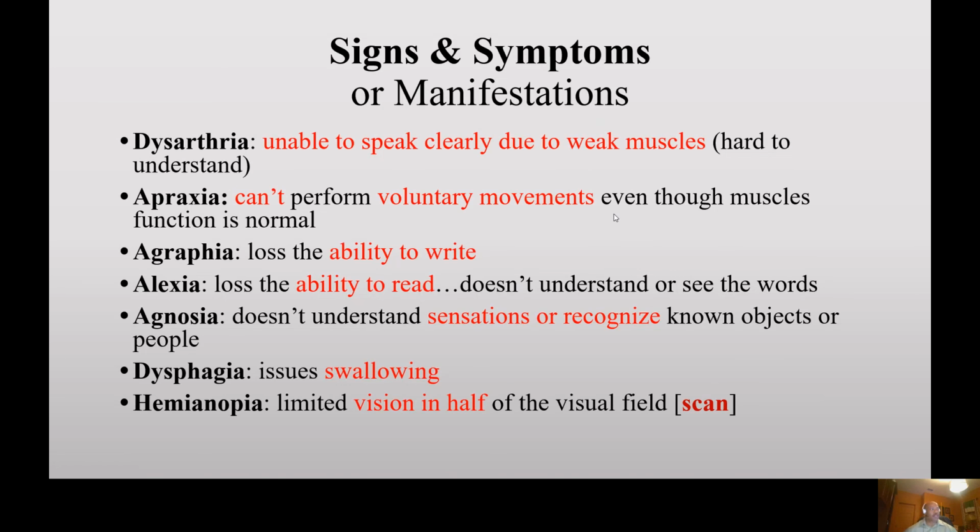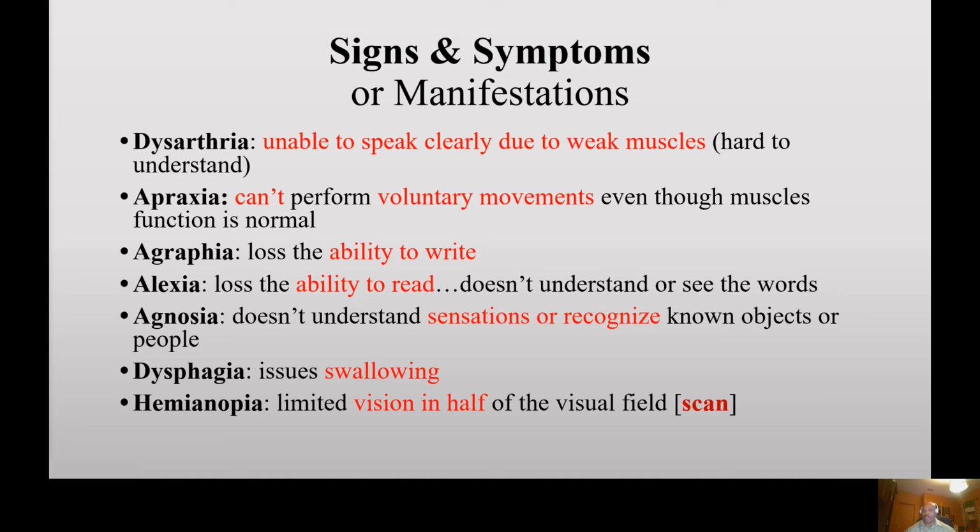And so some other clinical manifestations of a CVA, as you can see, these symptoms here. Many stroke patients have dysarthria, a problem with the muscular control of speech. Think about the Broca's area.